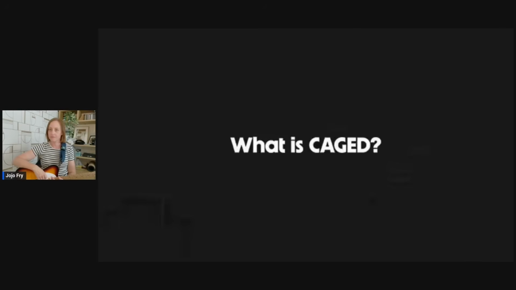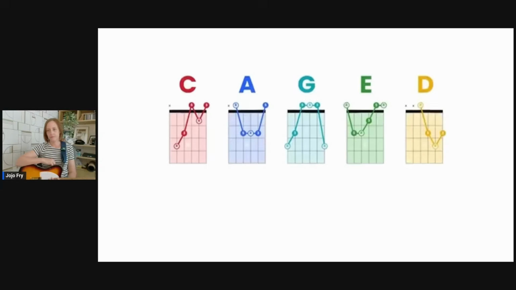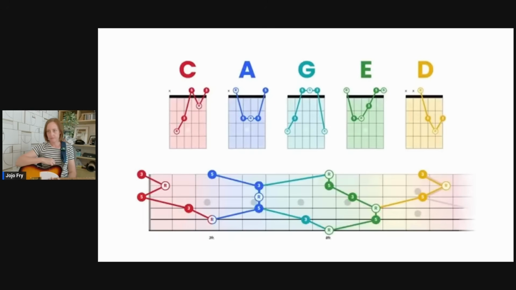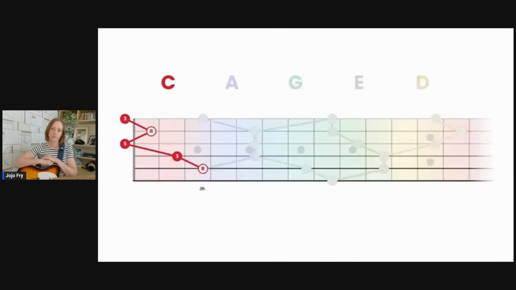Let's get started by giving you an overview of what the CAGED system actually is and the steps you'll need to learn it. The CAGED system is based around 5 guitar chord shapes: C, A, G, E, and D. We take these 5 chord shapes and move them up the neck. So, for example, I'm in the key of C. I play my C shape to get a C chord.